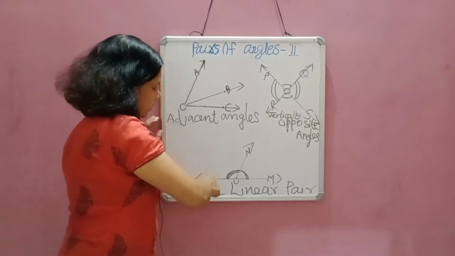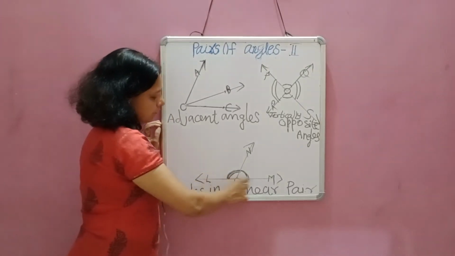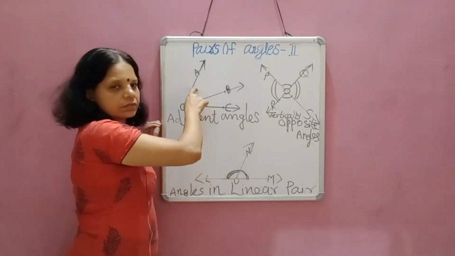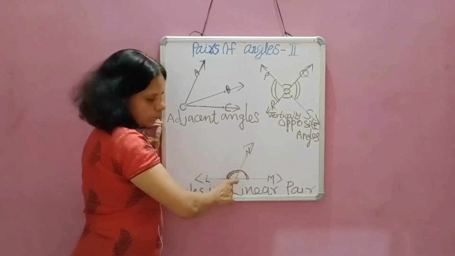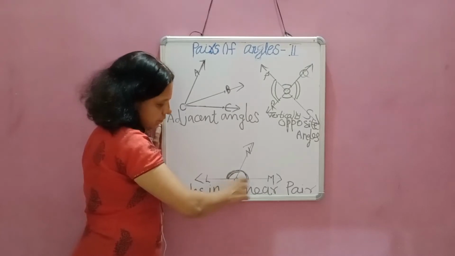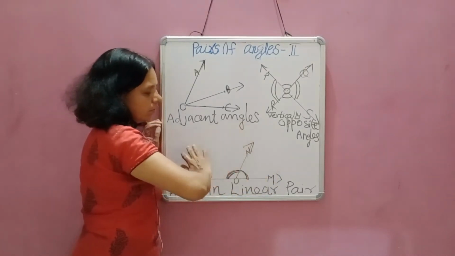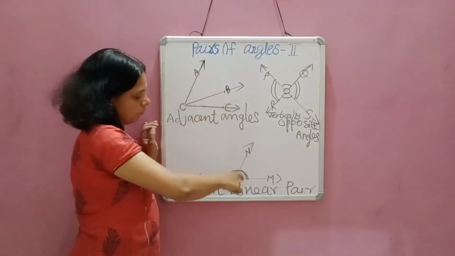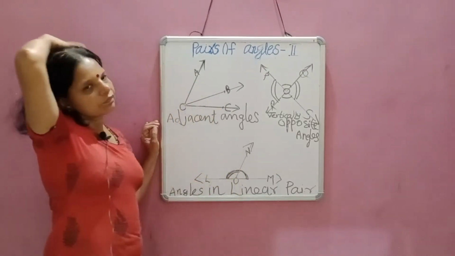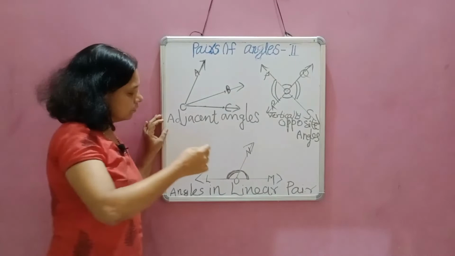Now comes the next figure. Here also you can see this is a type of adjacent angles only. One common side, common vertex, non-common sides lying opposite. But what is the difference between the first figure and this third figure? What difference can you see?